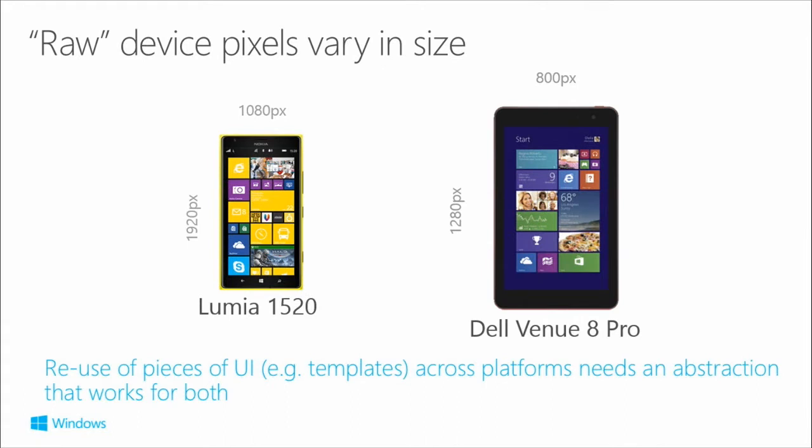Similarly, raw device pixels don't quite work either, because we have these super high DPI devices, like the 1020p on a 6-inch device. That's going to have a lot more pixels than an 8-inch device like the Dell Venue 8 Pro.